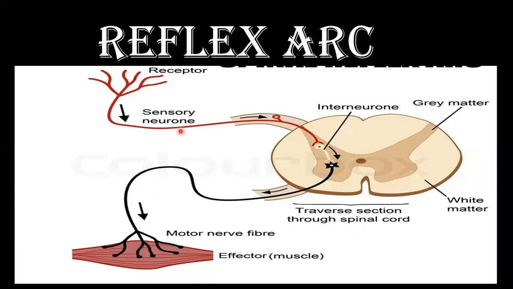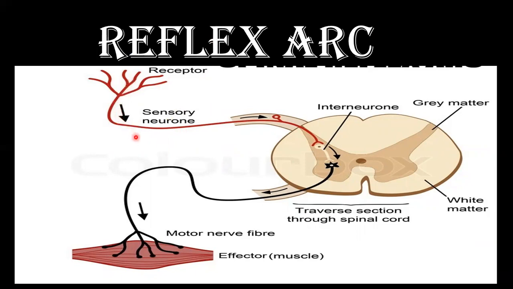Now, when we talk about the components of the reflex arc, we have basically divided it into three parts. First is the afferent limb, which takes the stimulus to the brain and spinal cord. First is our receptor, that is our sense organ.